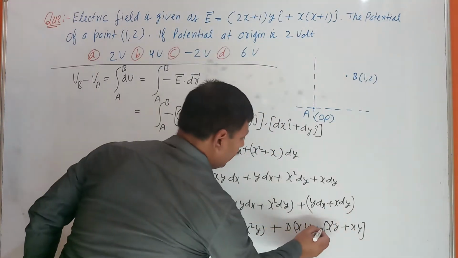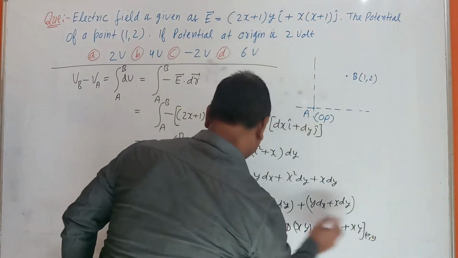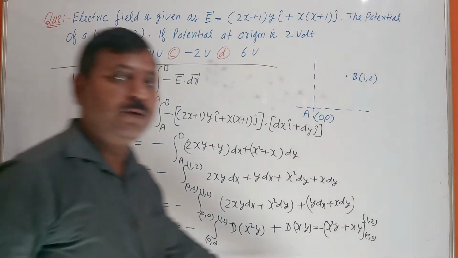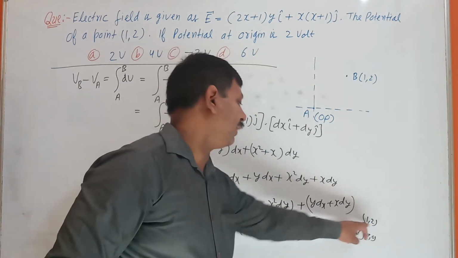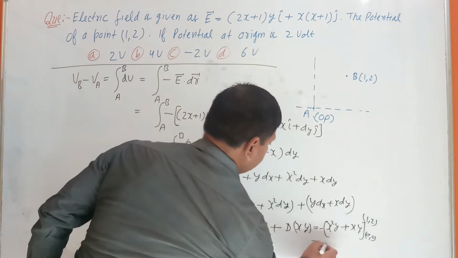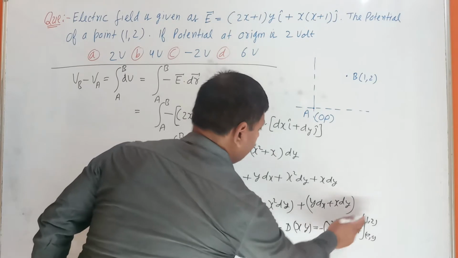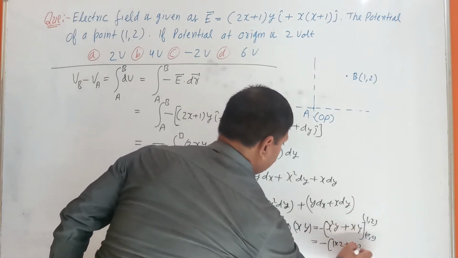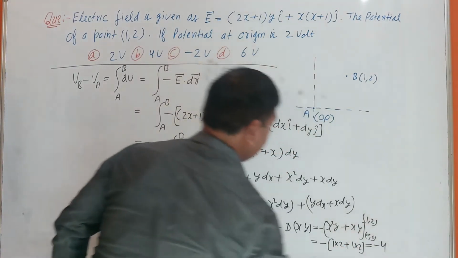The negative sign is there, with limits from (0, 0) to (1, 2). If I put this value, x as 1 and y as 2, the result will come minus (1 square into 2 plus 1 into 2), so that will be minus 4 volt.